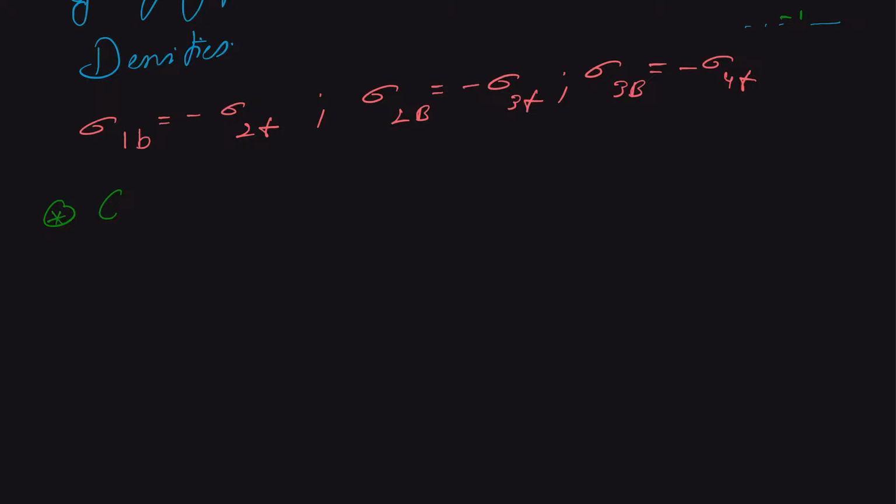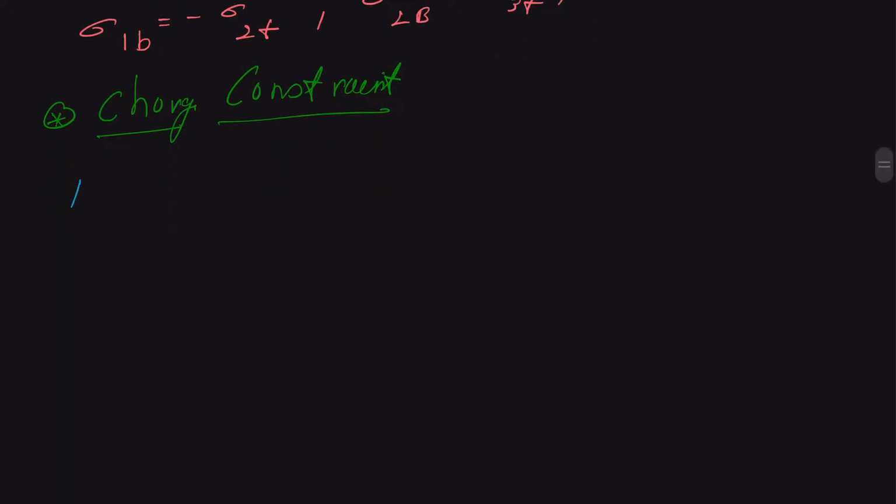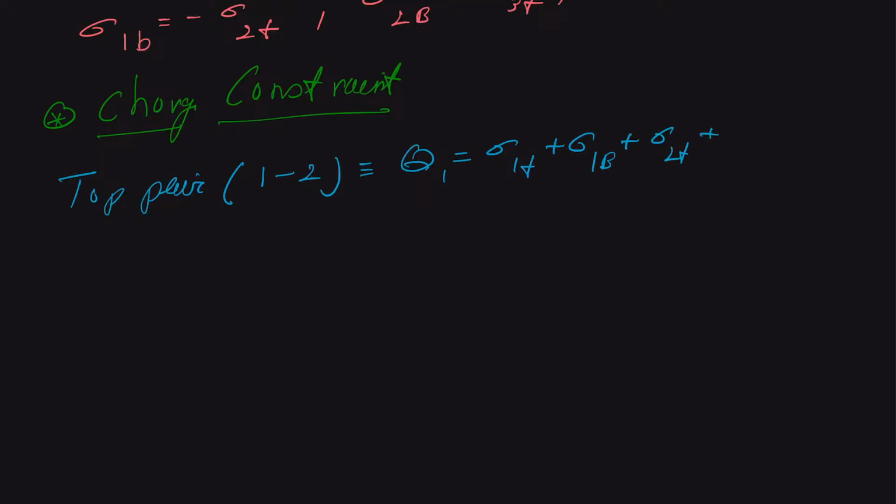So we are going to use our charge constraint, and we start with our top pair. The top pair is nothing but our 1 and 2, and for this 1 and 2 the total charge should always be equal to our Q1, and each plate has two surfaces, one top and the other bottom. So we can say our Q1 will be equal to 1 top plus 1 bottom plus second top and second bottom.